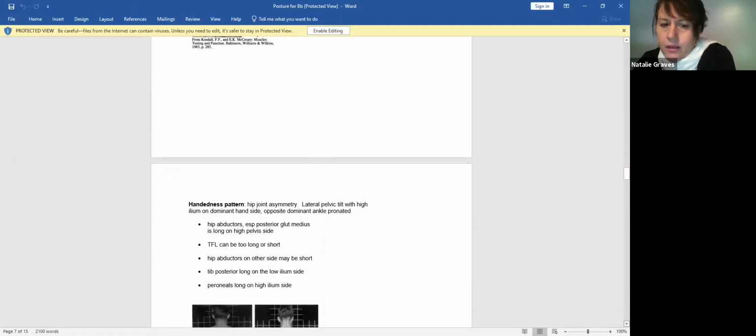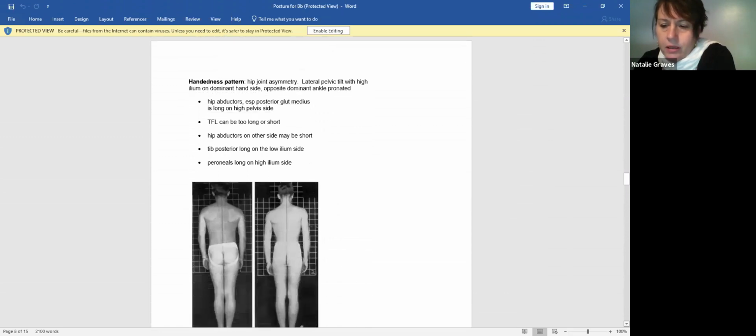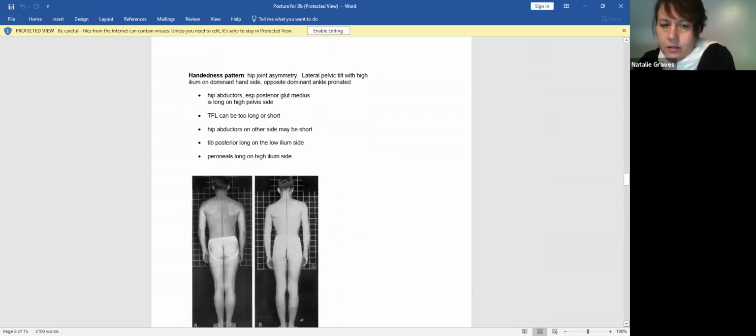So then we can look at, Kendall identified what's called a handedness pattern. Depending on what side of your body you're dominant on for handwriting, there can be some postural changes just simply related to that.